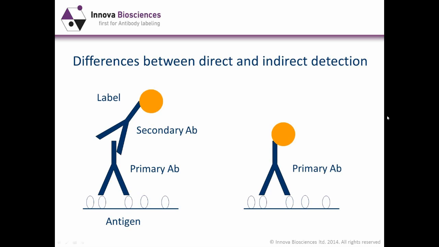On the right-hand side, this is what we call a direct method, where the label is attached to the antibody and there's no secondary reagent. So there really are key differences there, particularly in terms of the number of incubation and wash steps.